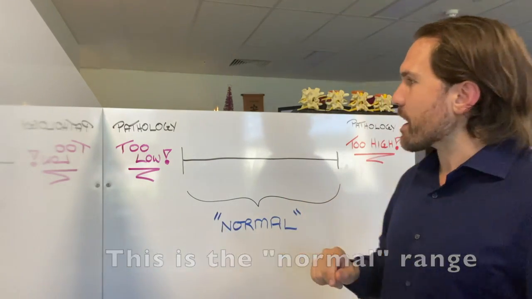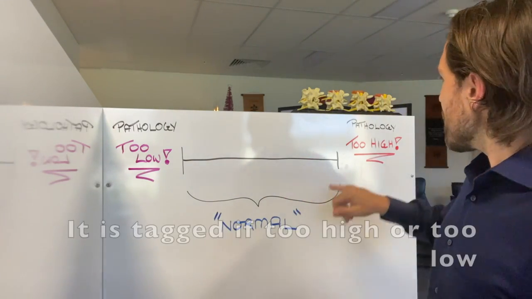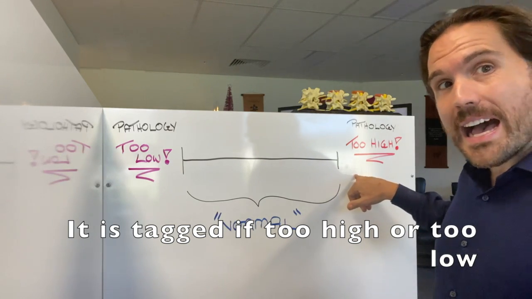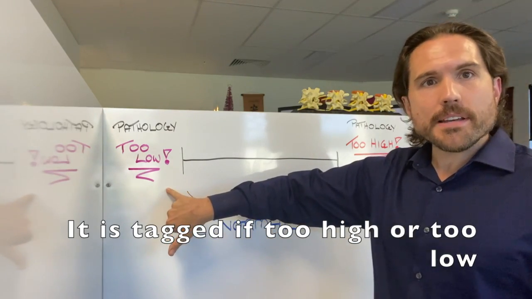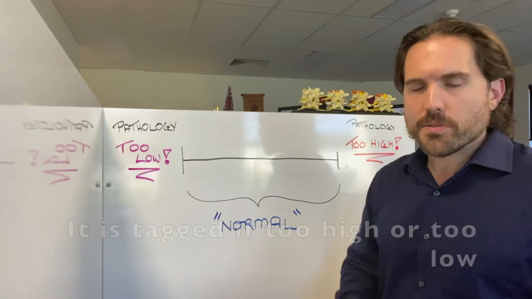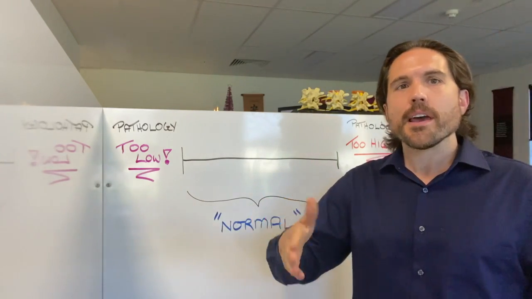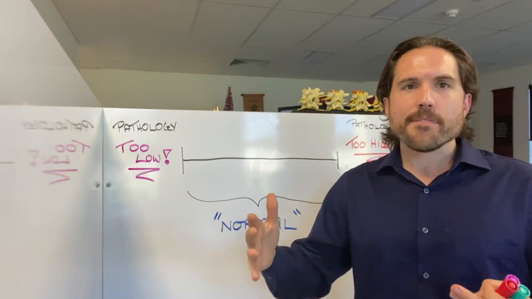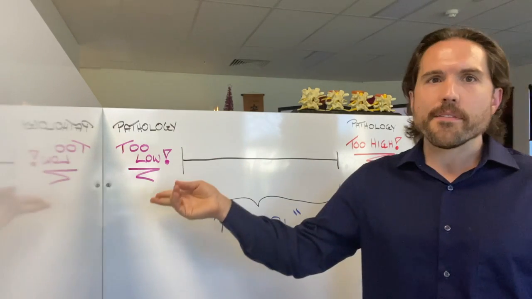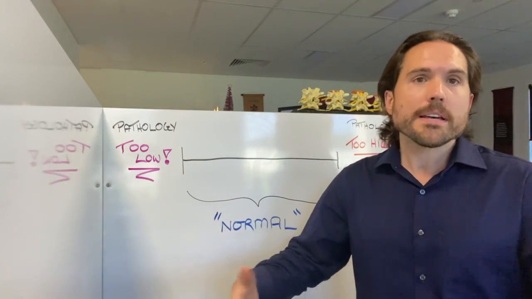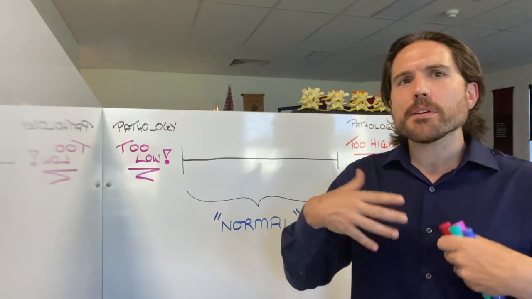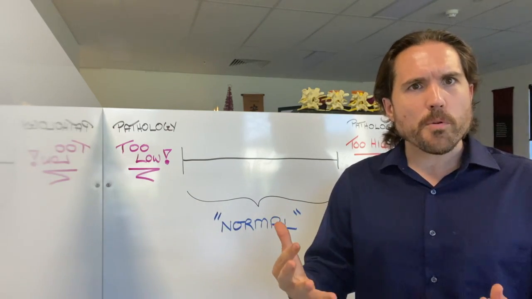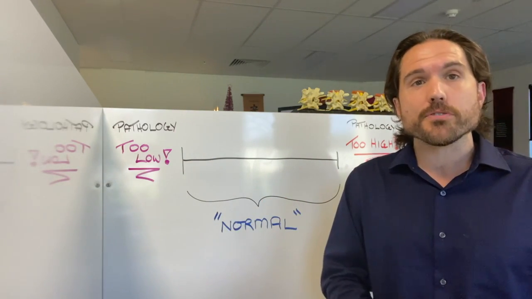And then in the normal range, it's going to tag if there is something that is either too high or too low. So it'll say that the limit is between 5 and 10. If it's 11, it's too high. If it's 4, it's too low. Something like that. And then what they will say is, okay, this is the normal range. And they say, okay, your number is just fine.